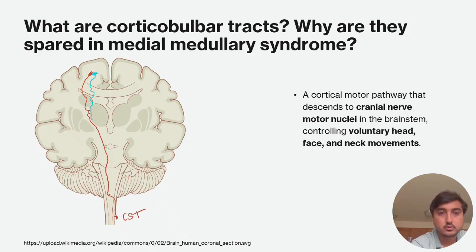This also passes through the internal capsule, but corticospinal tract passes through the posterior limb of the internal capsule, whereas the corticobulbar tracts mainly pass through the genu of the internal capsule. So they descend downwards and they supply different motor cranial nerves in the brainstem.